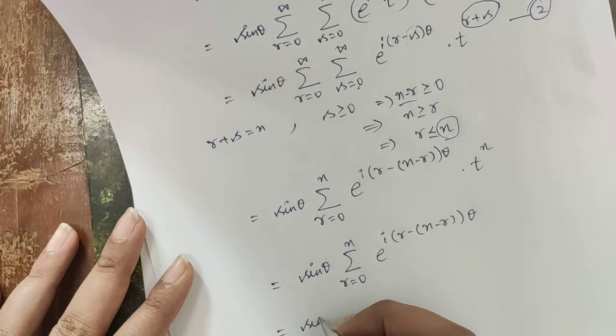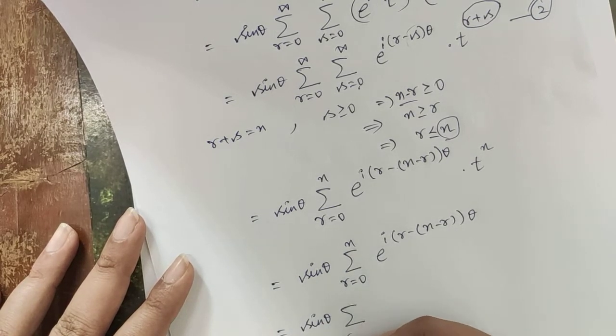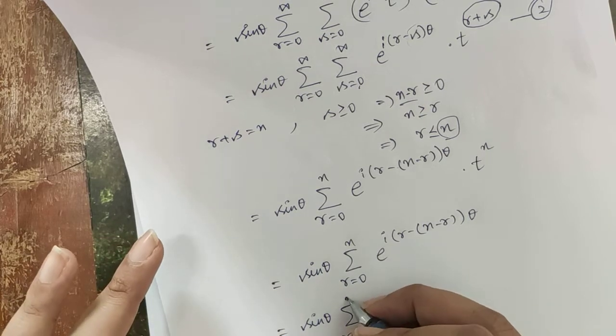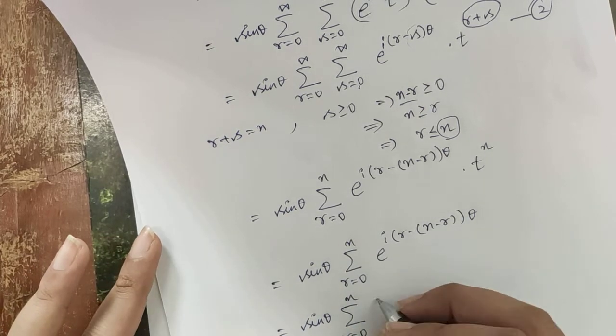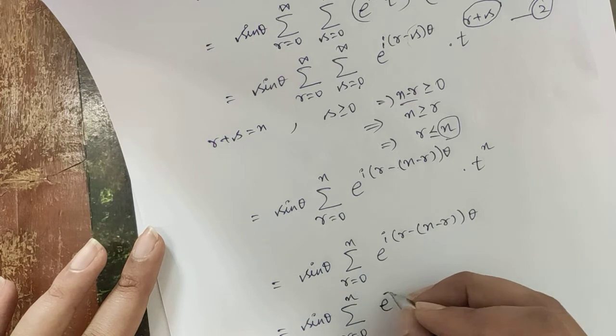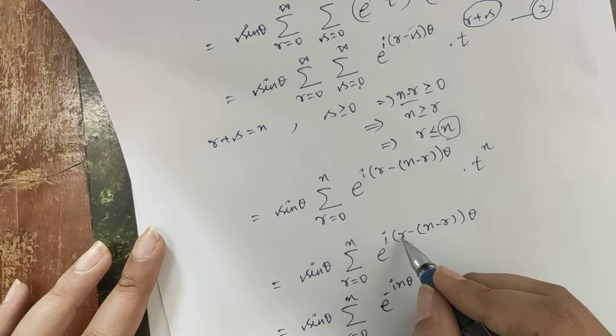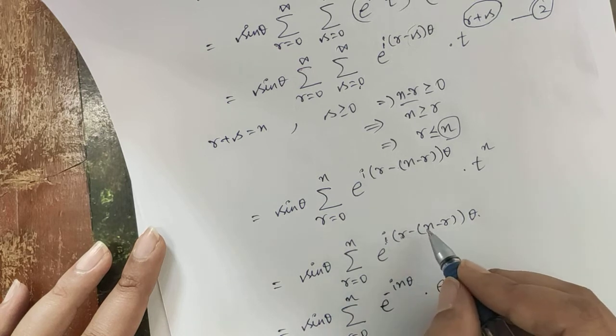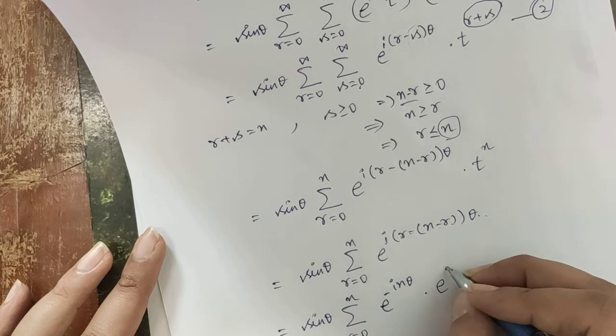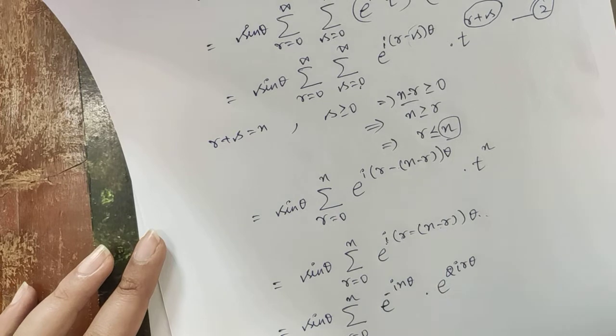If you simplify this, you will get sin theta into summation r is equal to 0 to n, e power minus i n theta into e power i r theta plus i r theta as 2 i r theta.